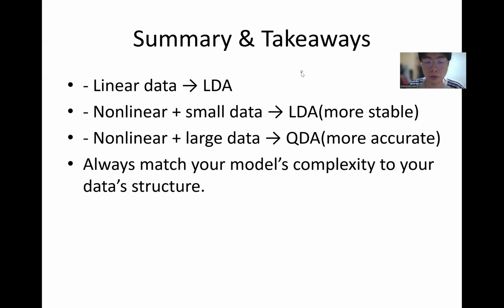LDA equals simple, stable, and good for small or linear data, and QDA equals flexible, accurate for nonlinear data, but needs more samples. So, in the first situation, if we got just linear data, we're gonna use LDA.